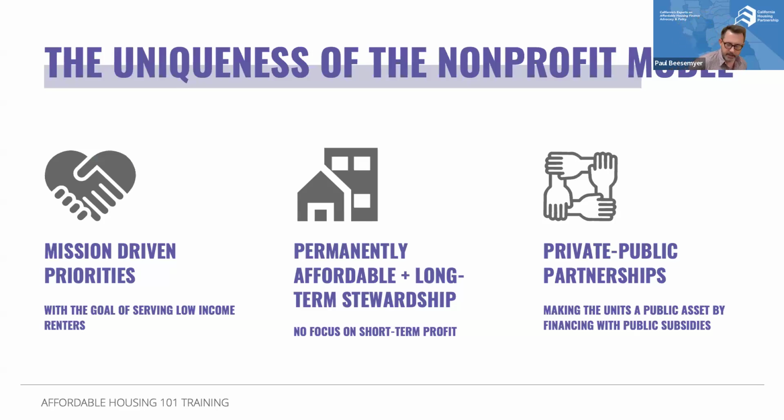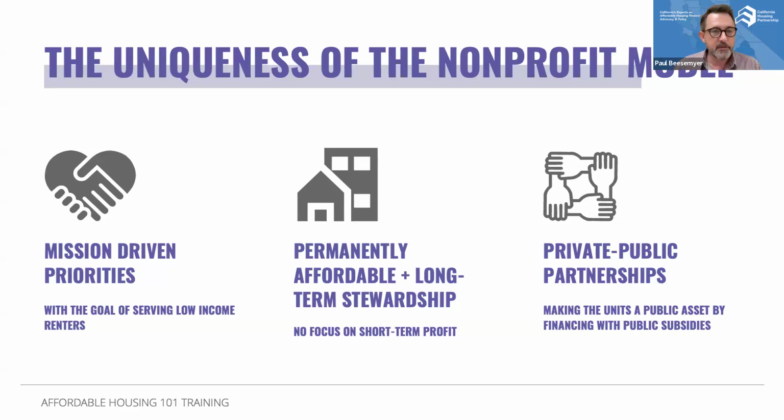So nonprofits, I want to say out loud, I try to acknowledge and own my biases. California Housing Partnership works, as I said at the top, only with nonprofit affordable housing developers and public agencies, and that is part of our charter. That's our founding DNA, and that's what we were created to do.